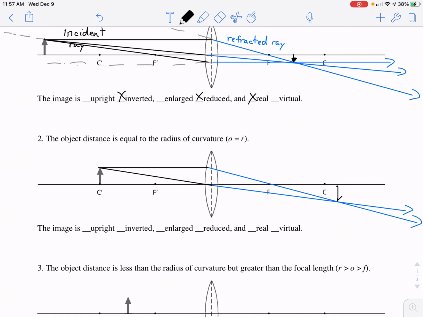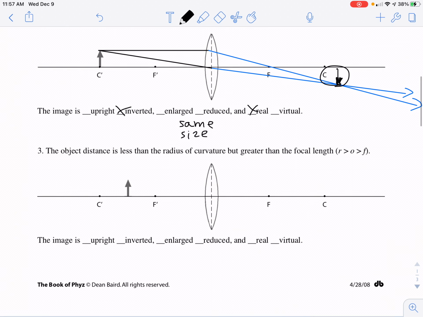And you can see that my arrow shows up around there. And it's an inverted arrow. It's roughly about the same size. So I have to kind of write that in because it's not an option. And it's a real image because real images form on the far side of lenses to be projectable on a screen.